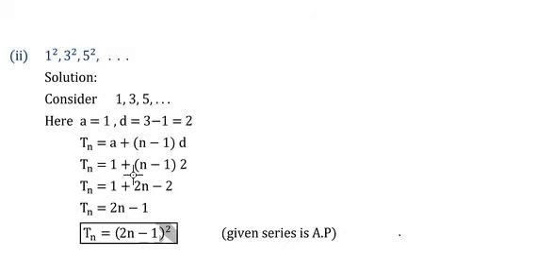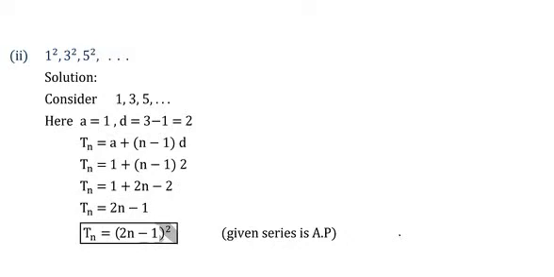So 1 same, n into 2 equal to 2n, minus 1 into 2 equal to minus 2, so 1 minus 2 equal to minus 1, and Tn is equal to 2n minus 1. Now put the square here, because we considered it without square. Now Tn is equal to (2n minus 1) whole square, so it is the answer of this question.